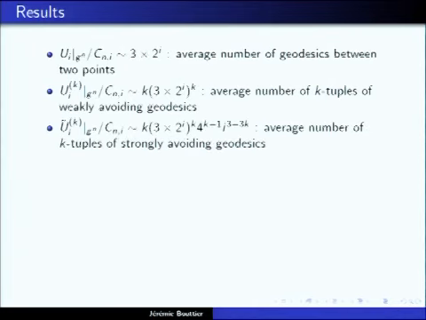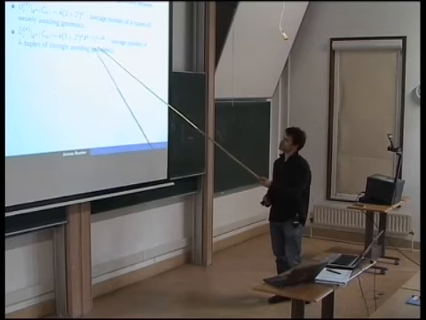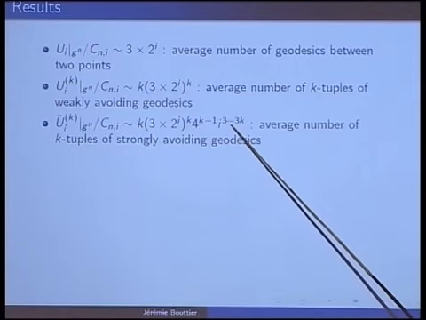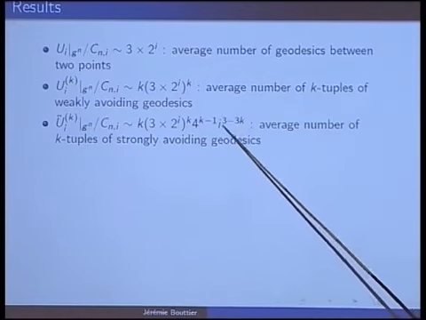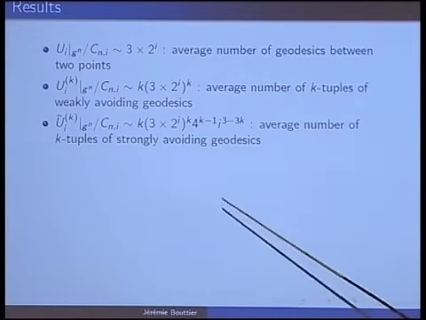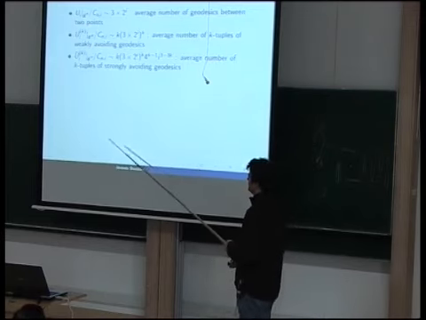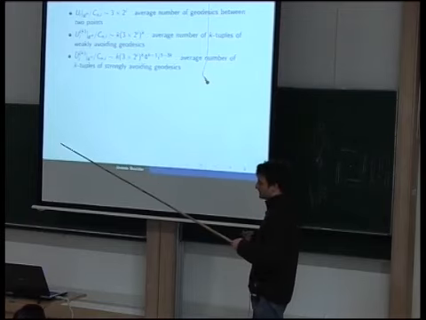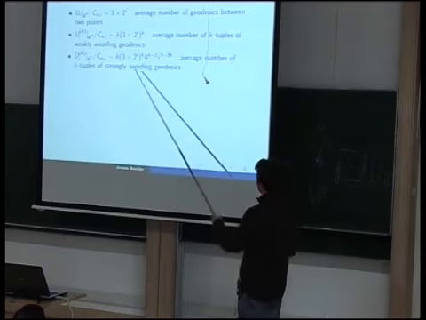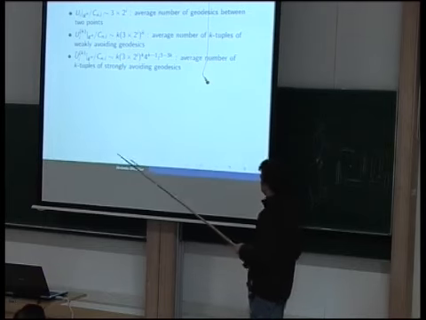You get a different behavior for strongly avoiding geodesics, that is geodesics that do not touch each other. You see that this exponent becomes negative when k becomes large, and we interpret this as the fact that there are few, rare, exceptional points linked by really distinct geodesics.